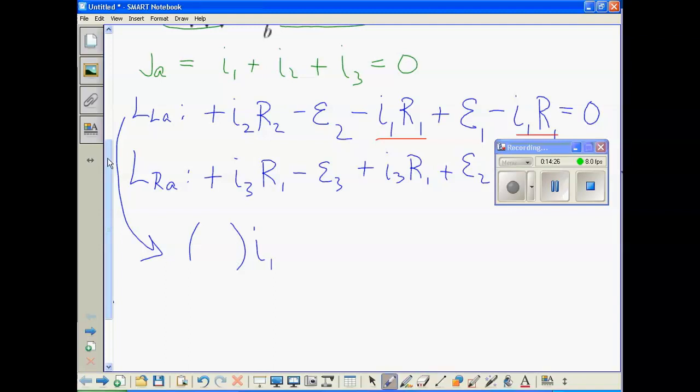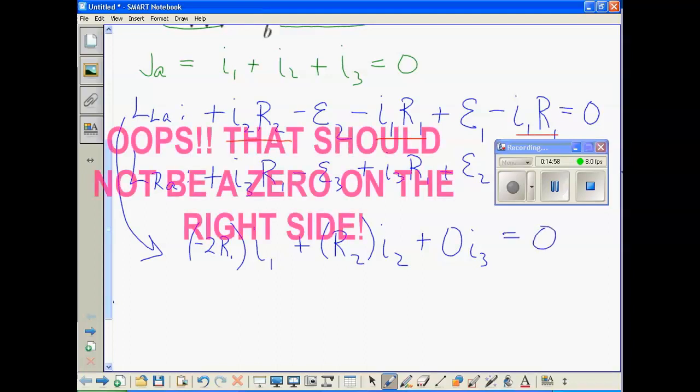I could write that a little better, and I will. That's a negative 2 R1. And then I look for my I2 term, and I just have one of those. It's a plus R2 I2. I have no terms at all with I3 in it, so I'm just going to put plus 0 I3. It seems silly to have it there, but when you set up a matrix, you're going to need it. And then I still have 0 on the other side.